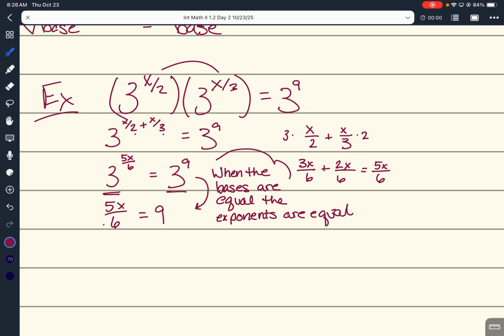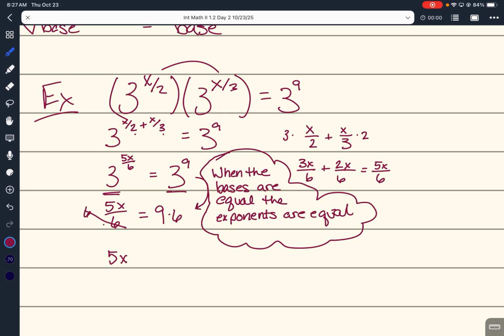Don't you think that might come in handy a lot? Think so? Yeah. So now I have 5x over 6 equals 9. Is that a basic algebra problem I can solve? Yeah. How do I get rid of the 6 in the denominator? That means I'm dividing by 6. What's the opposite of division? So I multiply both sides by 6. Over here the 6 is reduced.